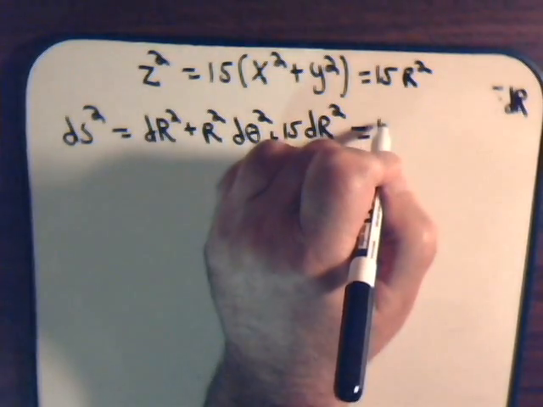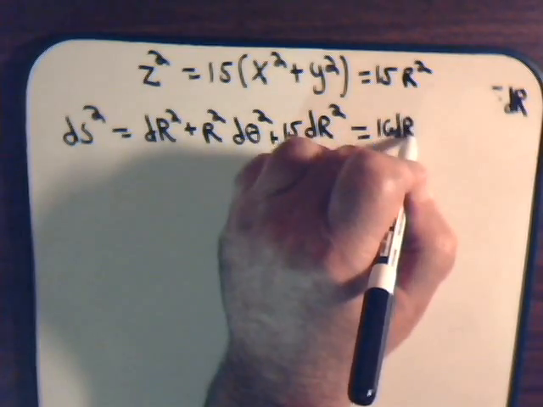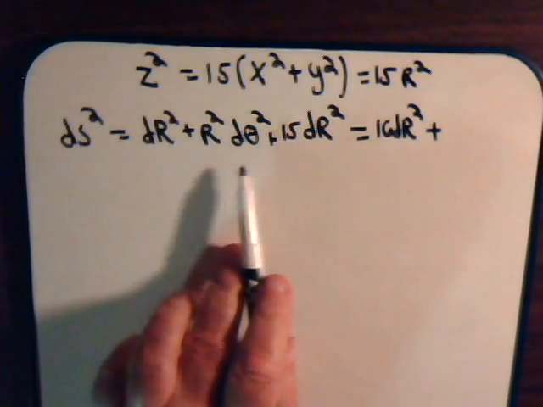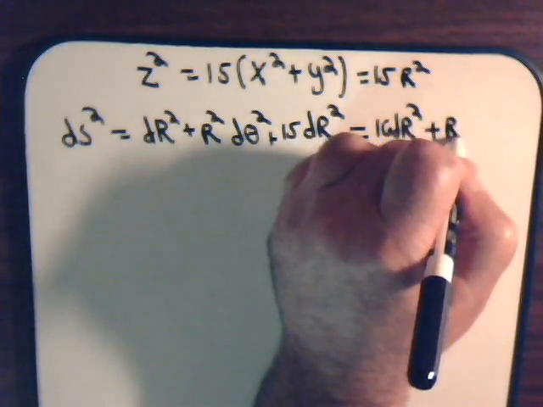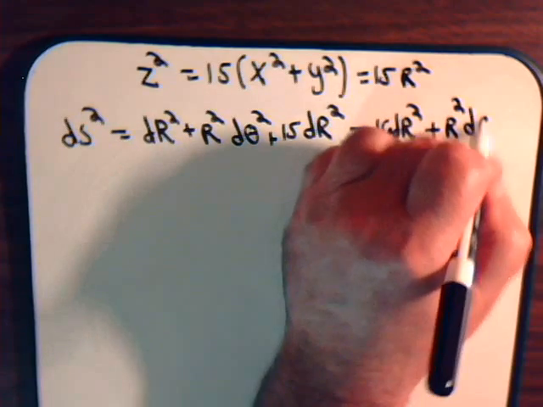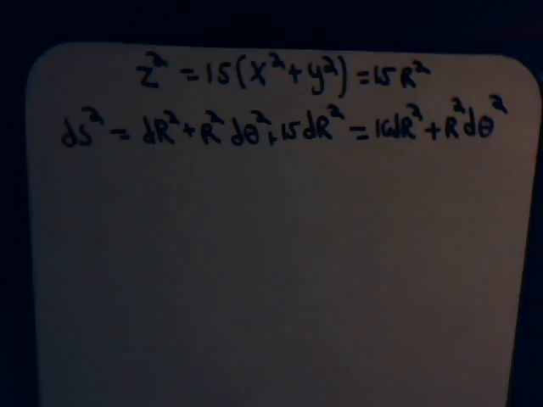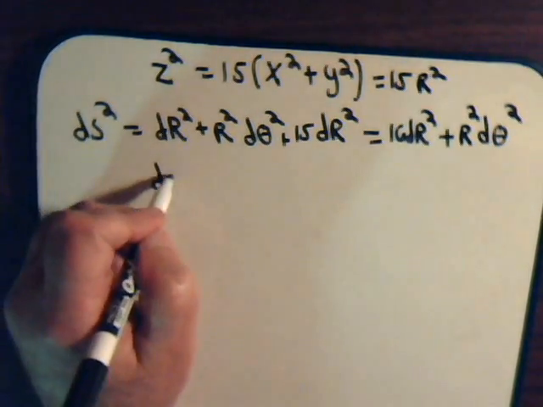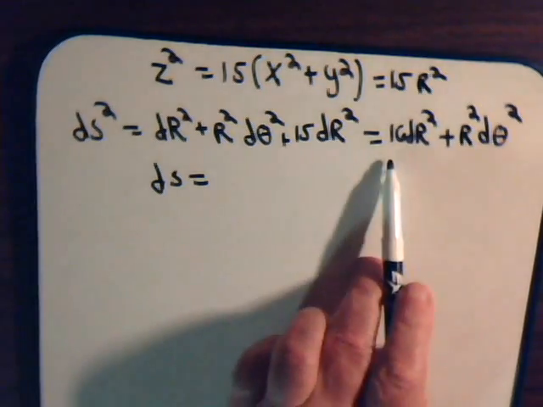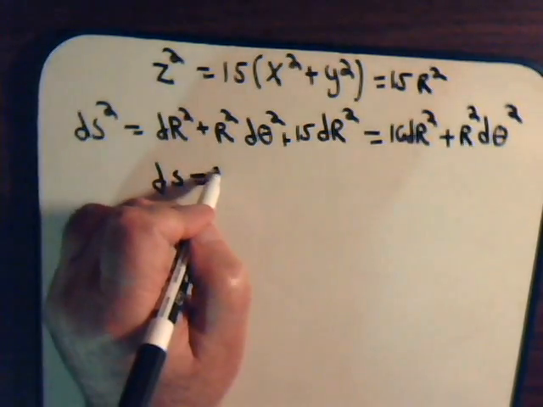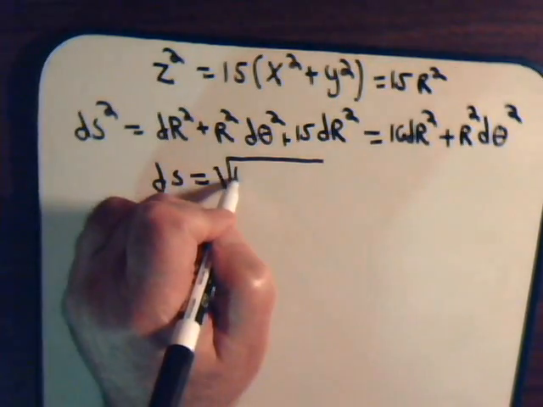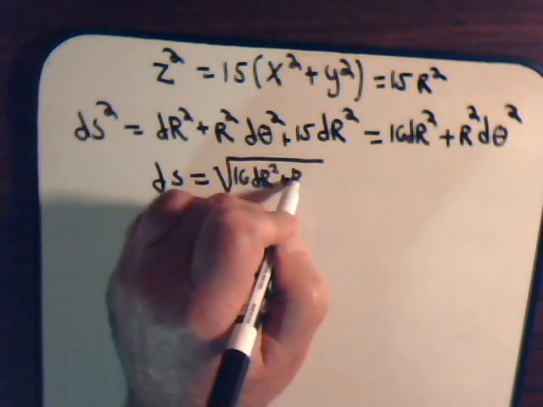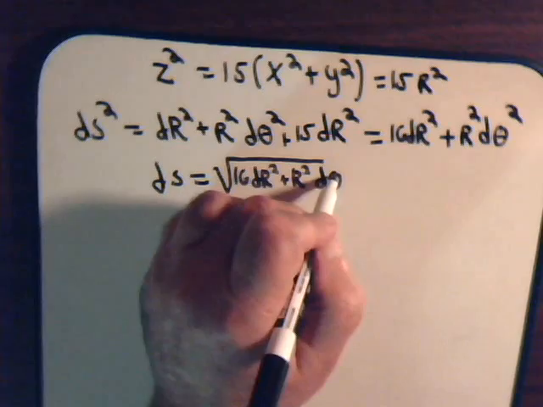We have 16 dr squared plus r squared d theta squared. So the arc length ds will equal the square root of this, 16 dr squared plus r squared d theta squared.